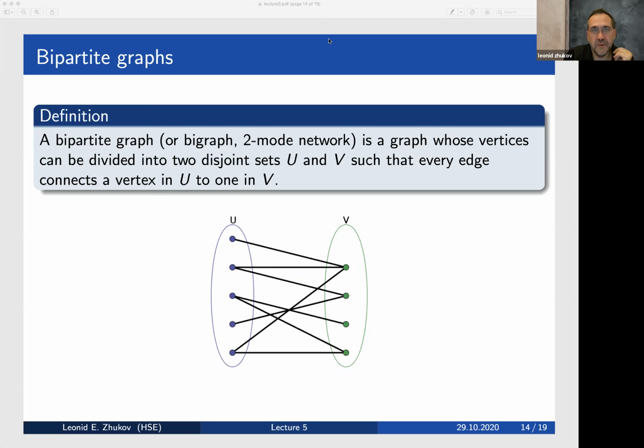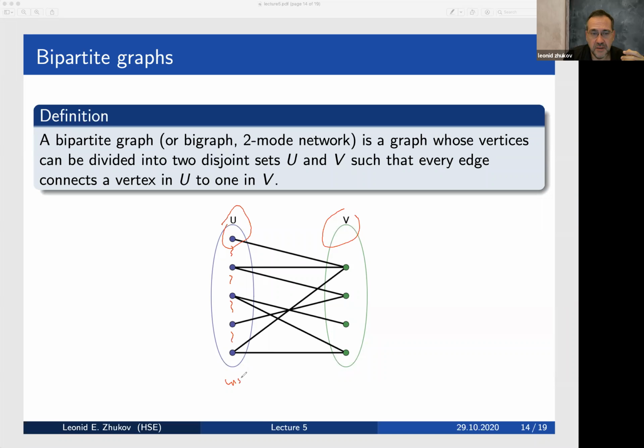So if we look at this picture, notice that nodes from the set U are only connected to the nodes in set V, and there are no connections within each set, right? So how often do you meet these networks? A lot of the networks that we deal with are actually originally bipartite networks. You can think, for example, about customers, right?